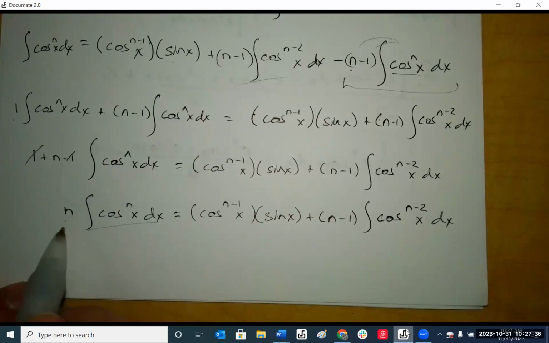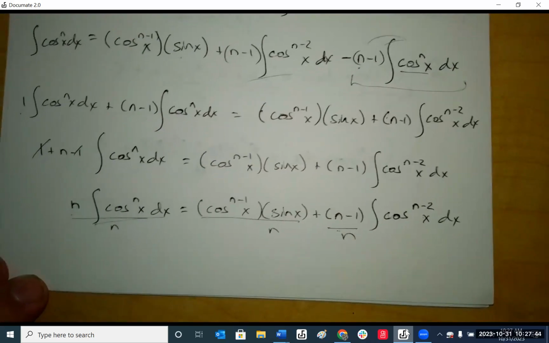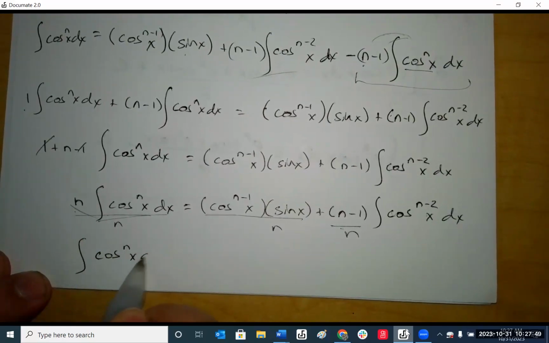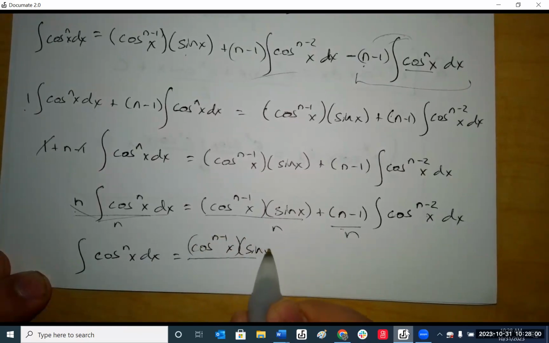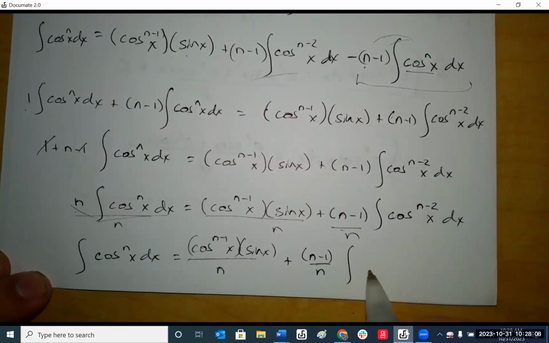So if we divide by n, then our formula becomes cosine^(n-1)x times sine x over n plus (n minus 1) over n times the integral of cosine^(n-2)x dx.